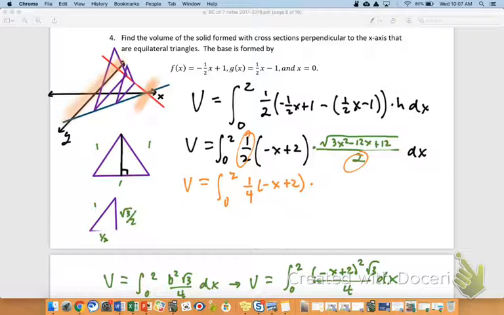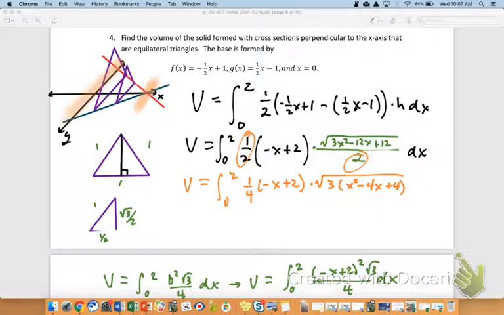Do you notice how inside that radicand, the 3x squared minus 12x plus 12, isn't there a common factor of 3? So it's square root of 3 times x squared minus 4x plus 4.